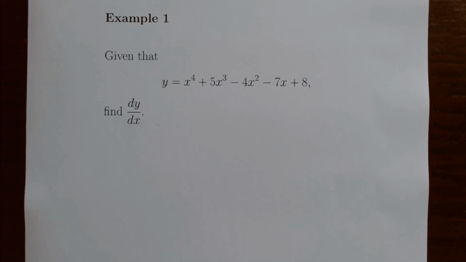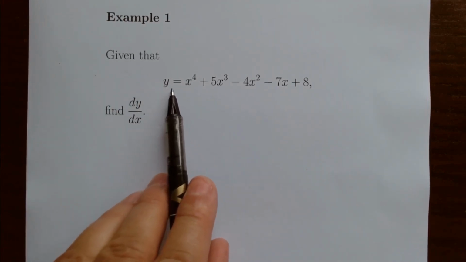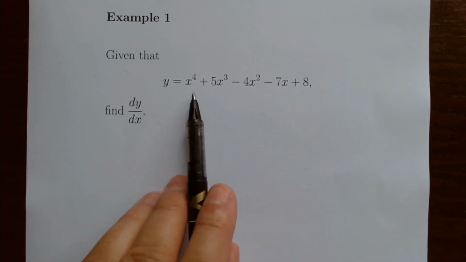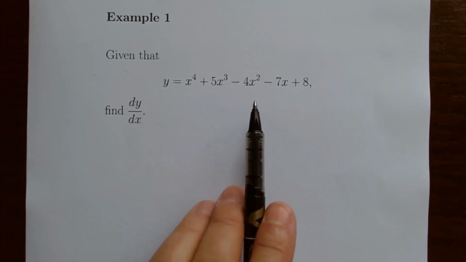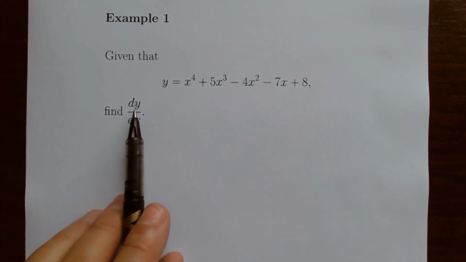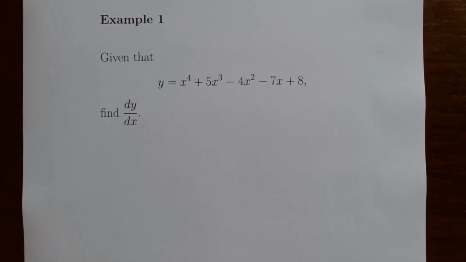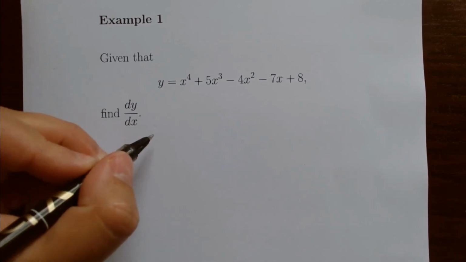Okay, example number 1. We're given a polynomial y equals x to the 4 plus 5x cubed minus 4x squared minus 7x plus 8, and we have to find dy dx, so we have to differentiate it. And here we just differentiate it term by term.